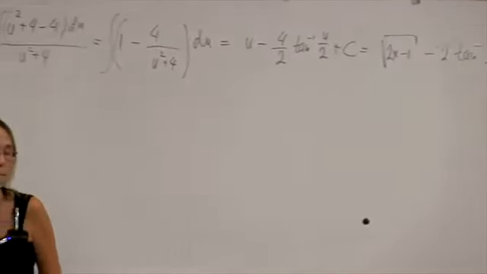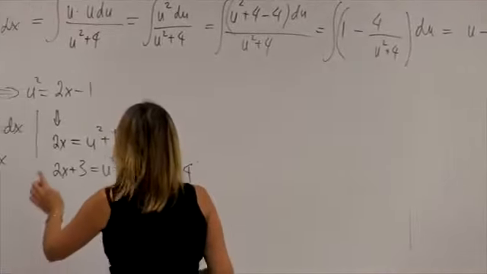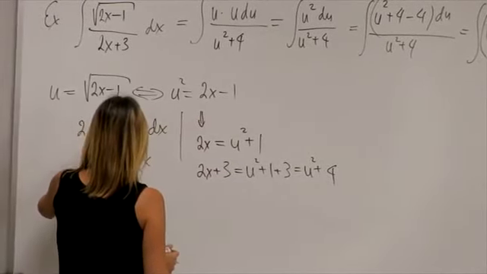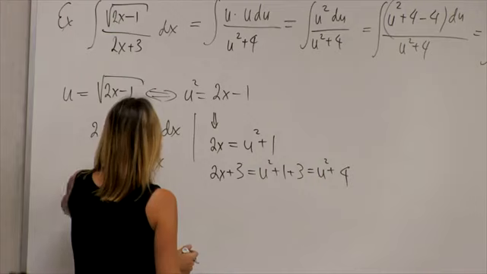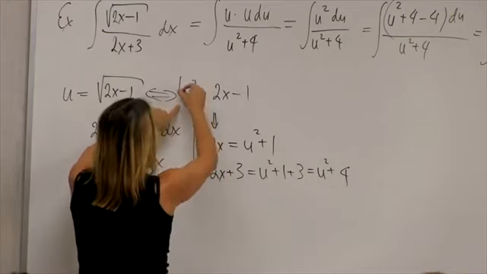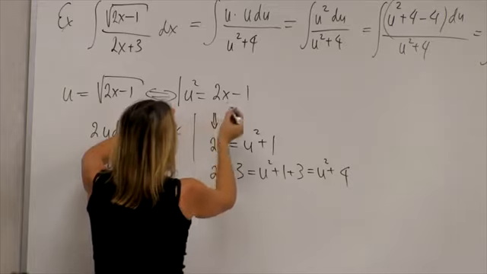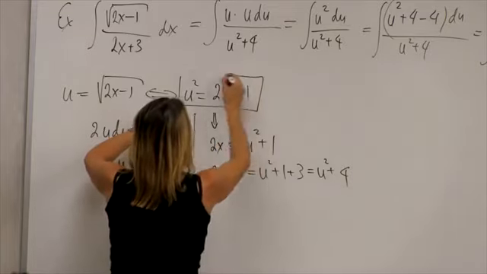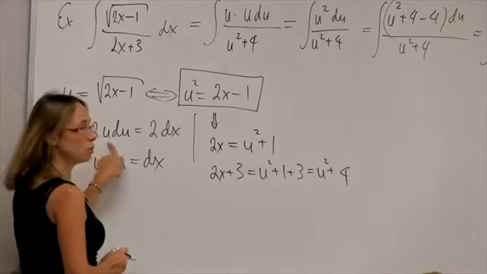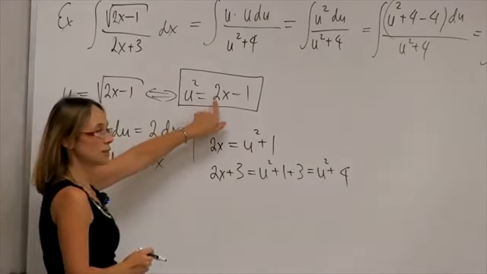Question? How did you get 2u du equal to dx? What I got is 2u du equal 2 dx. I was using this definition. When I differentiate the left-hand side, I get 2u du. When I differentiate the right-hand side, I get 2 dx.